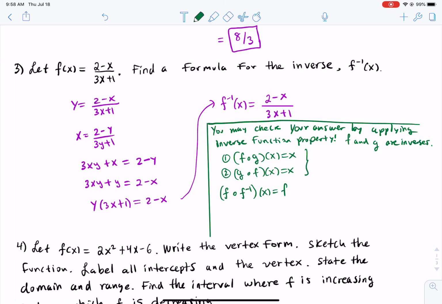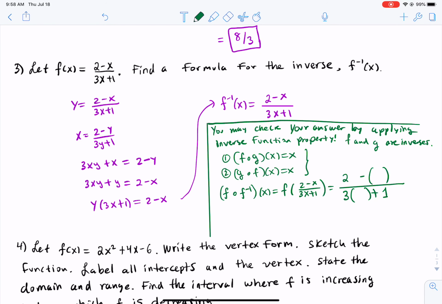So this will be f of (2 minus x) over (3x plus 1). And let's see if this is right. It will be 2 minus x divided by 3x plus 1.